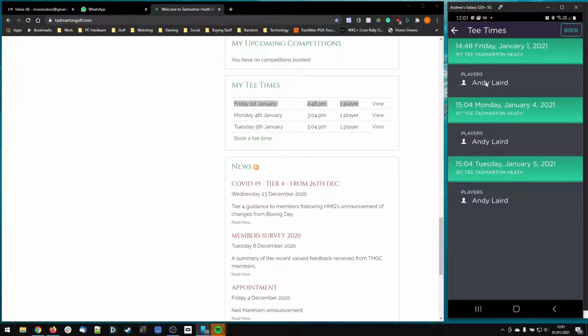So how does that affect rolling forwards? On Monday morning, I will only have one future booking, and that will be the Tuesday booking. So on Monday morning, I can then book another booking for Wednesday, Thursday, Friday, Saturday, Sunday, whichever.